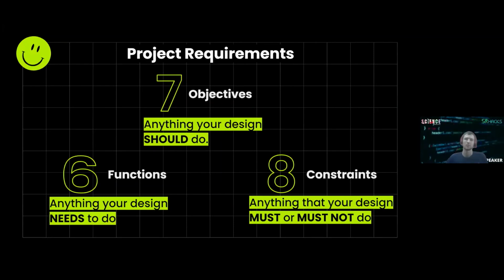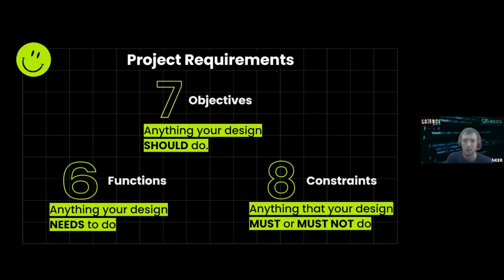What other examples? What do you guys think for functions of a car? These are base level things that allow you to do the need. So let's take, in this case, the need as transporting people and things. What are some functions that let you do that? Lights, steering, exactly.